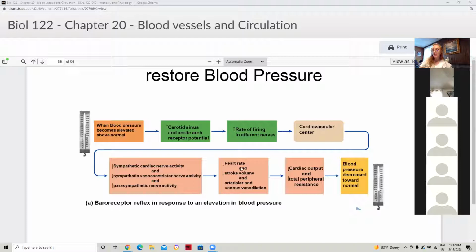As a result, we get decreased heart rate, decreased stroke volume, and more vasodilation. The result is that we decrease total peripheral resistance and we decrease cardiac output, bringing the blood pressure back towards normal.